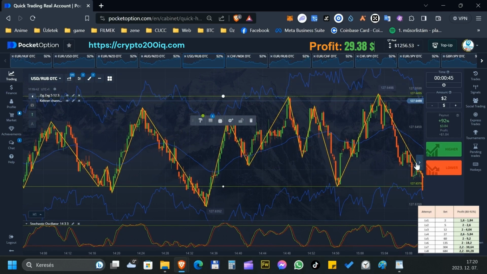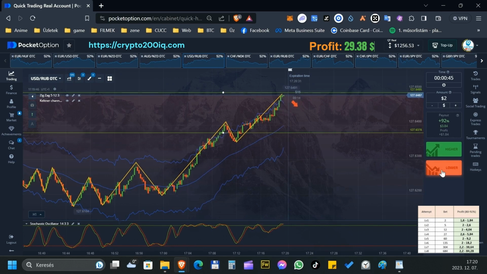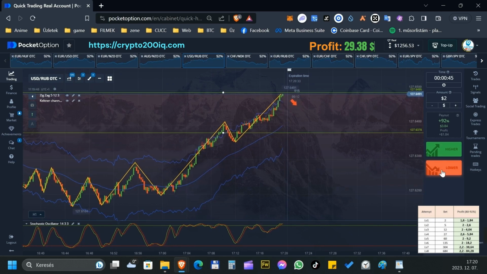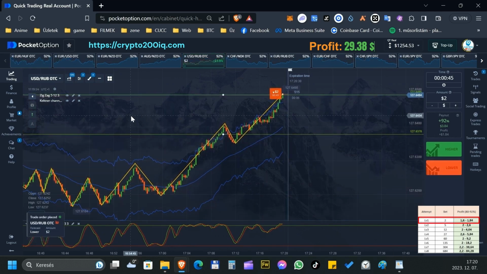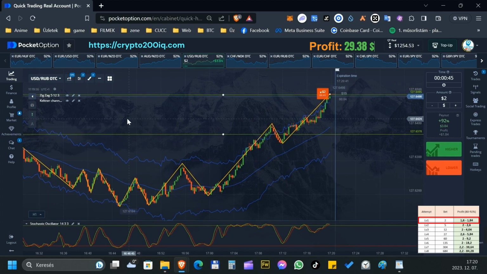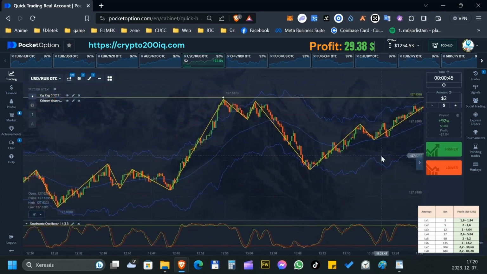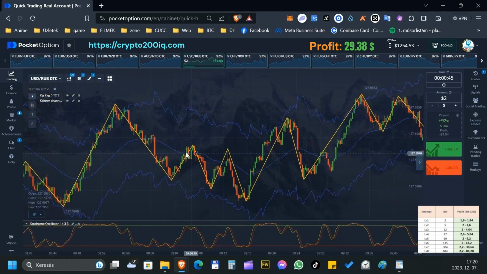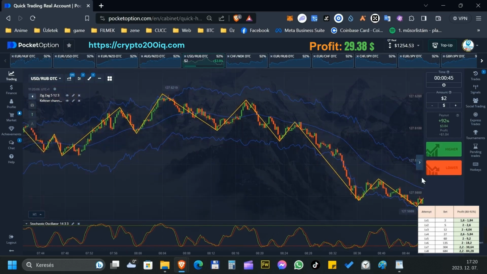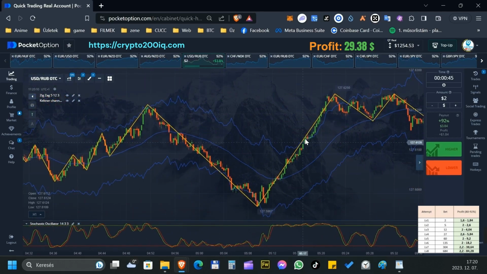Let's refine our resistance line a bit. And we bet. We see how big it usually goes. Pretty big, as you can see.